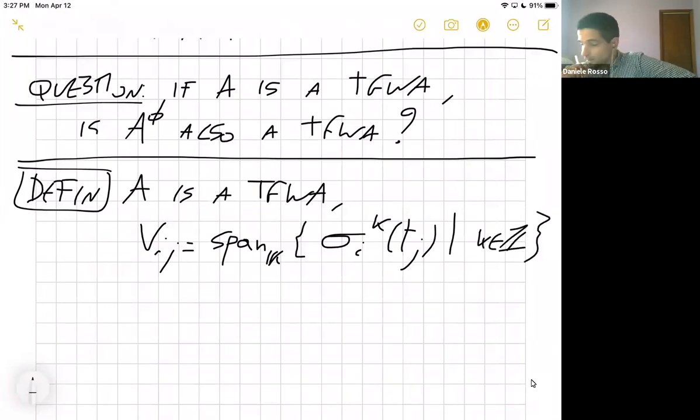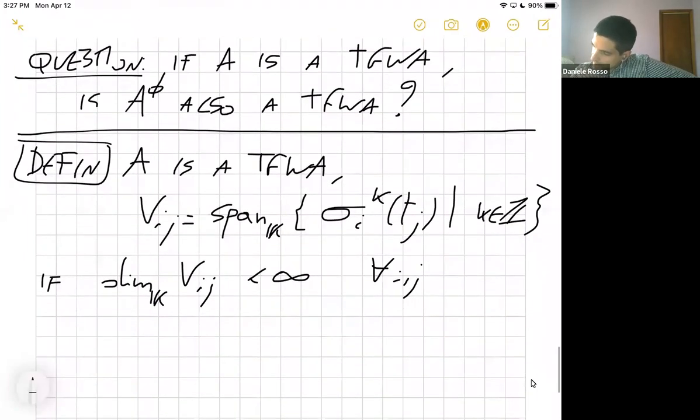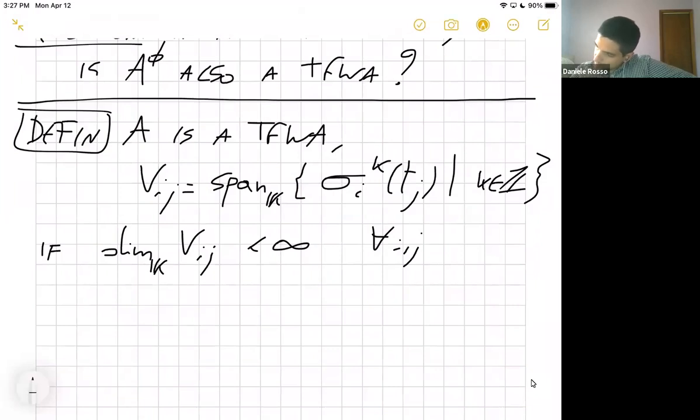We'll look at what that span looks like. I said K is a commutative ring, not just a field, so in general the condition is free of finite rank. But in my mind, K is usually a field, so I can say dimension. If that dimension is finite for all i, j, then we say that A is K-finitistic.